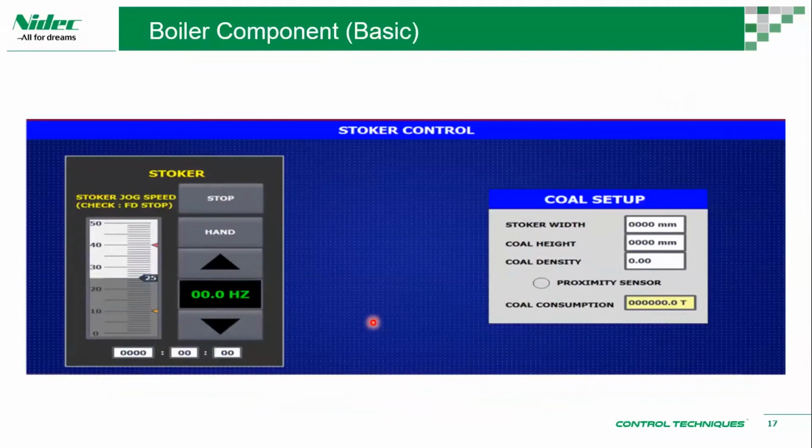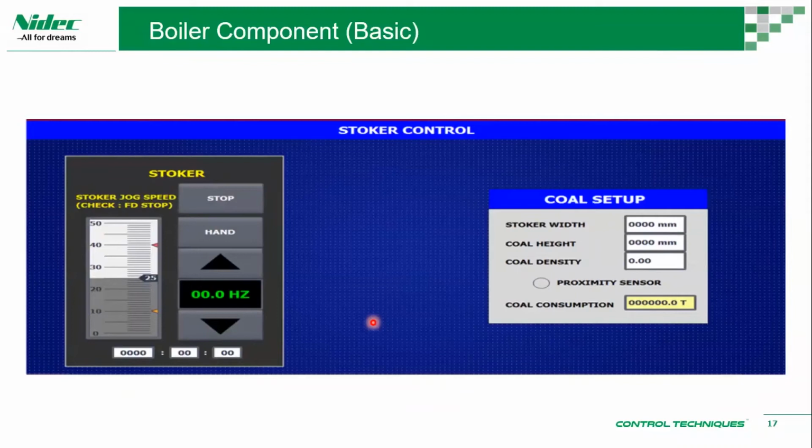So the stoker control, typically this is the simple one. Typically we need to increase or decrease it when, let's say, the boiler already achieves 9.5 bar and the maximum is 10 bar. So the stoker will even stop.